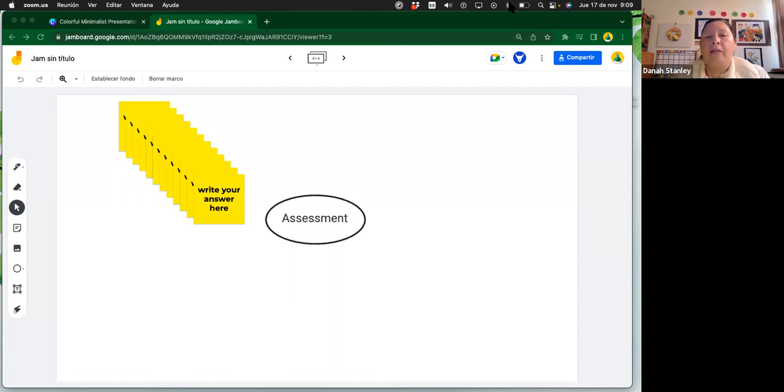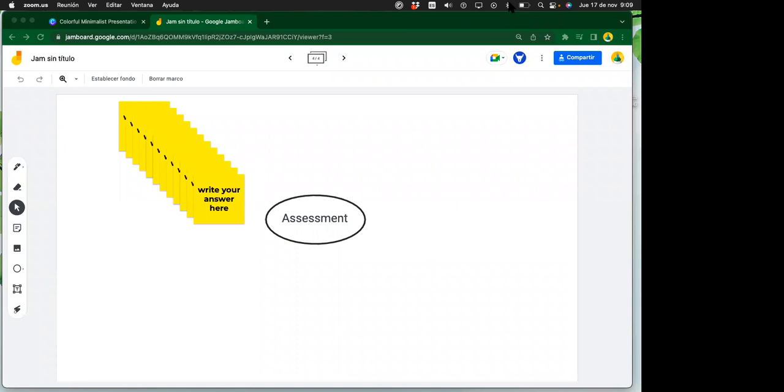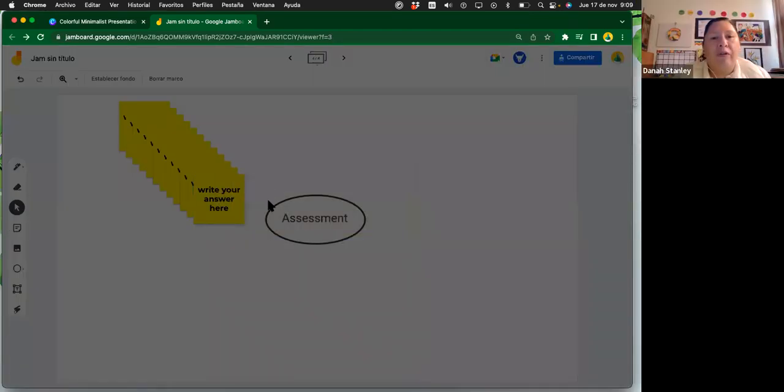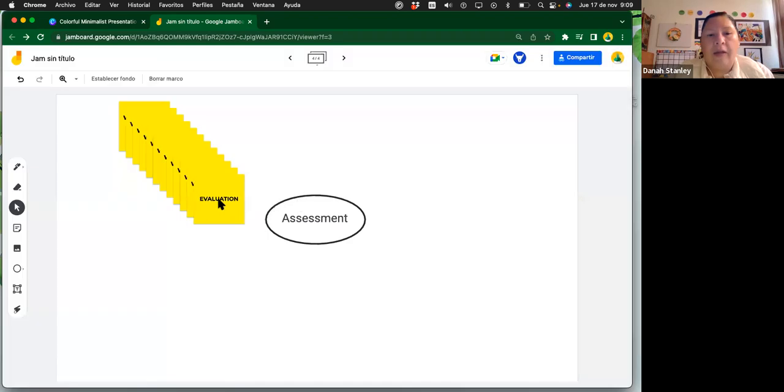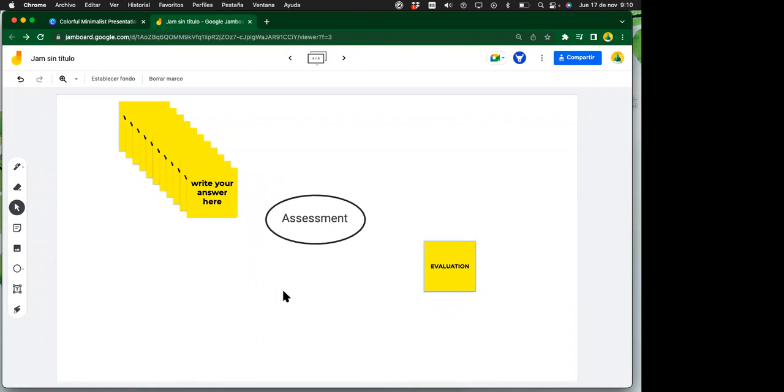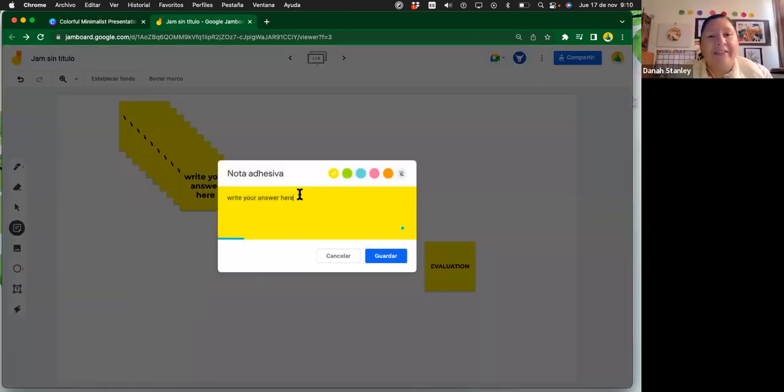that you associate with assessment. Evaluation. Evaluation, very good. Excellent, teacher. There is the first one. Another idea. Summative. Summative. Excellent.